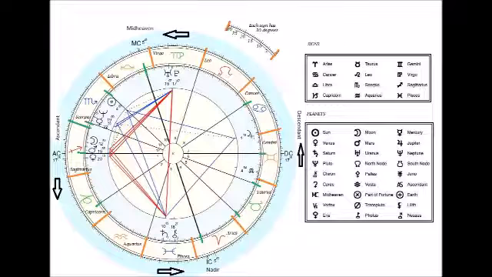When you see red lines, those are challenges. When it is directly opposing 2 signs, that's called an opposition. In this case, near my midheaven, I have Uranus and Pluto in Virgo opposing my Saturn in Pisces in the 3rd house.